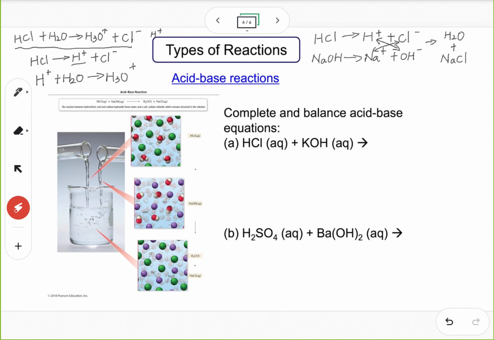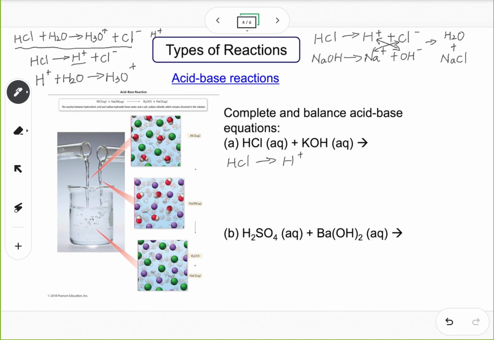All right, now let's take a look at these two examples, hydrochloric acid and potassium hydroxide. Again, like we did for this reaction, let's consider the dissociation of each substance first. HCl will dissociate to give you H plus.